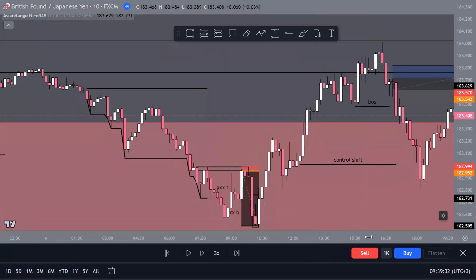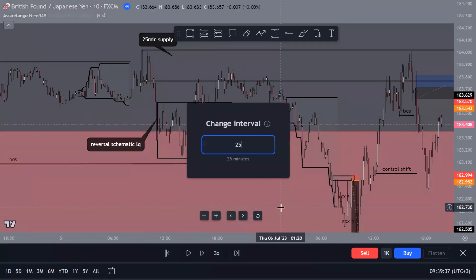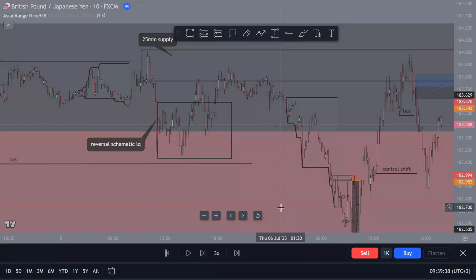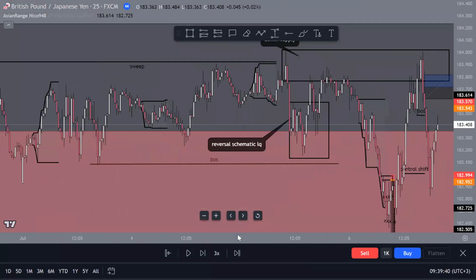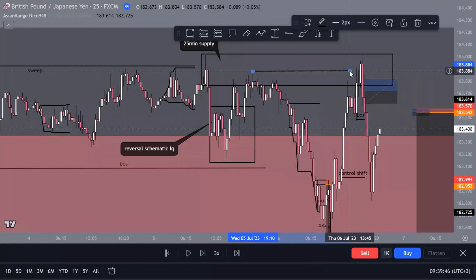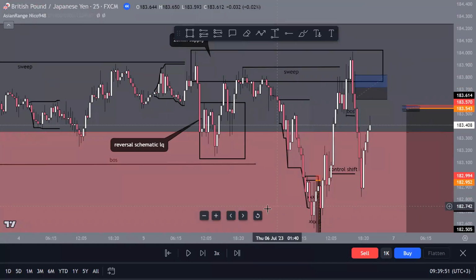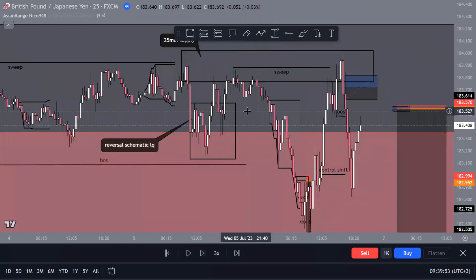So price came back to this 25-minute area of supply again. It swept out all the sellers or whatever. Yeah, so we had another sweep action over here. Same concept here. So this area of 25 minutes was respected.